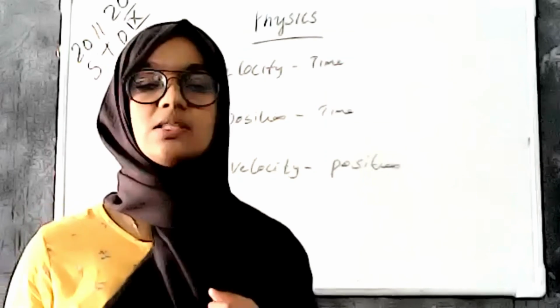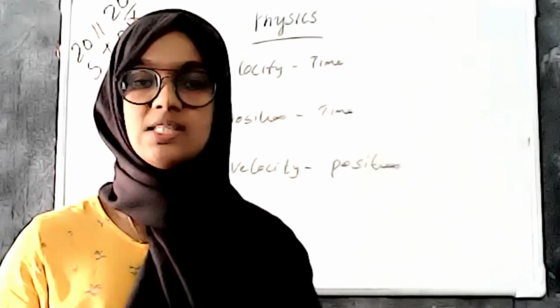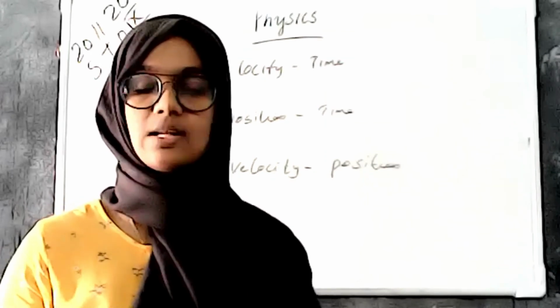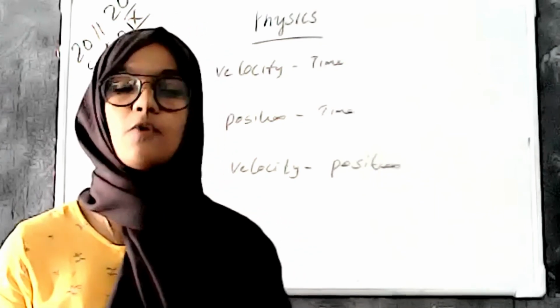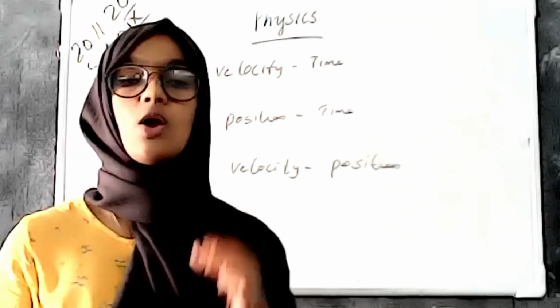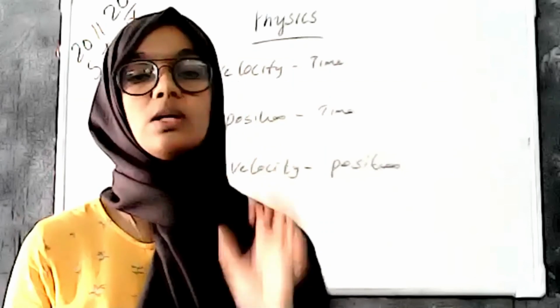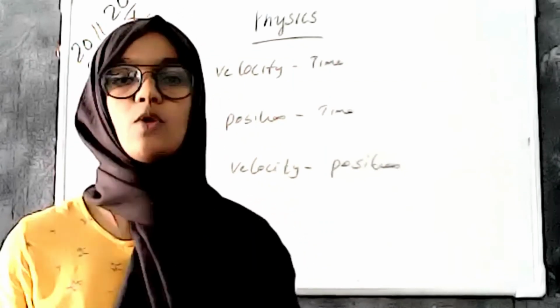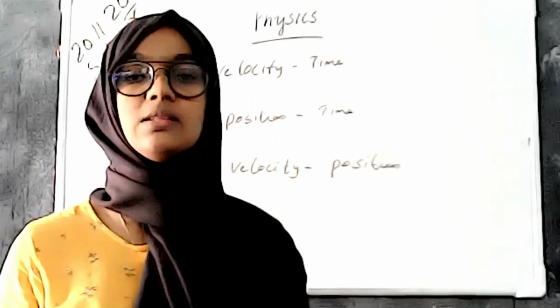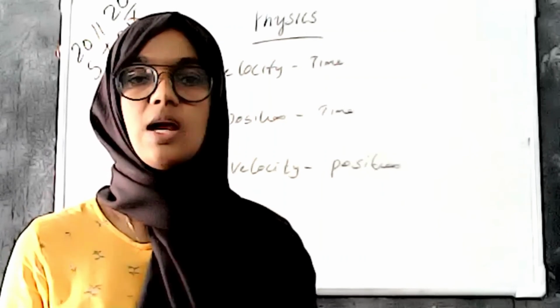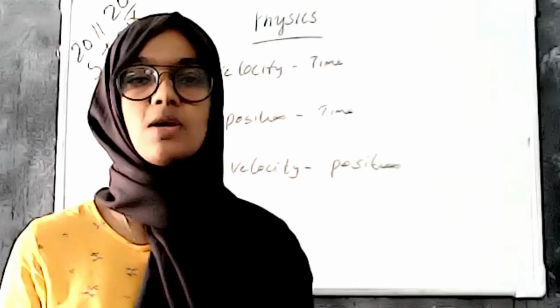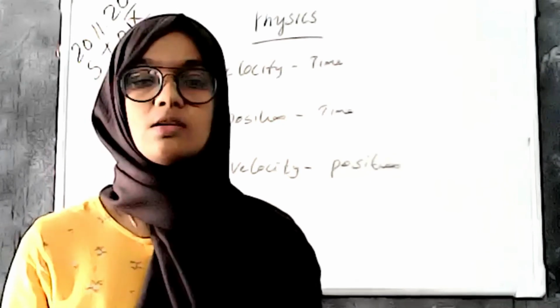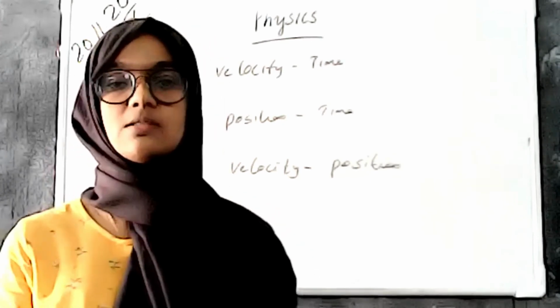To find these, we need the velocity, the changing velocity, that is acceleration, and the time taken for the change. This is all we use to find the equations of a moving body. So I think all of you understand the three equations of motion and the common derivation for the equations of motion. So this is all for today's class. Thank you.